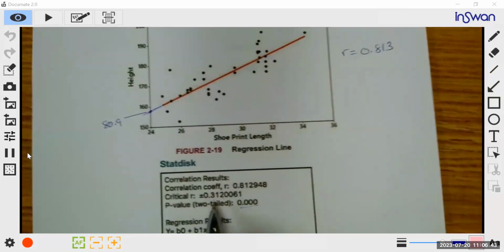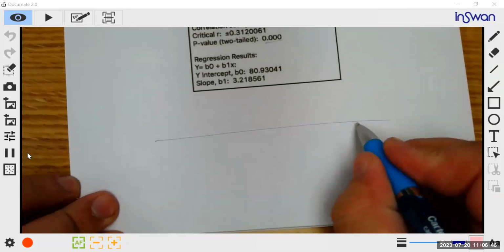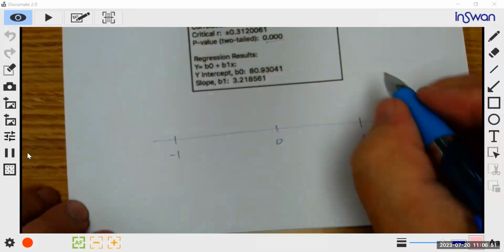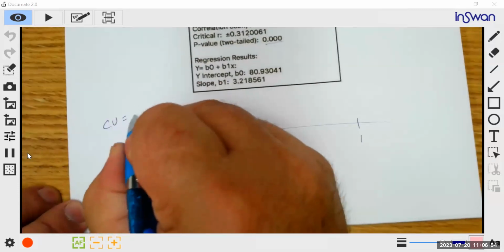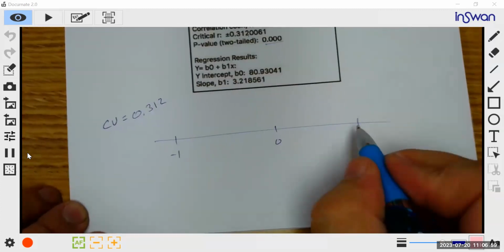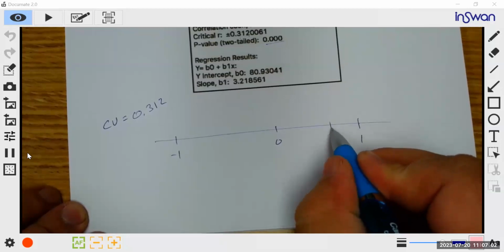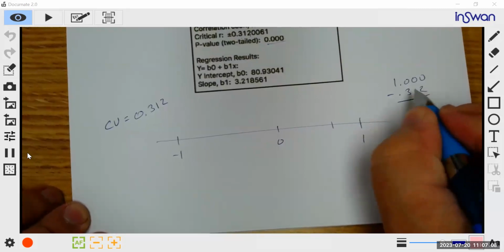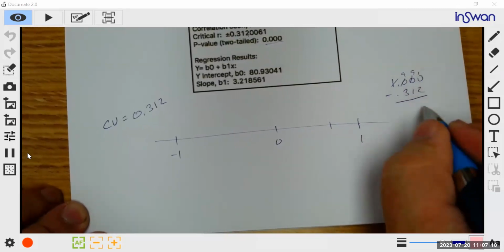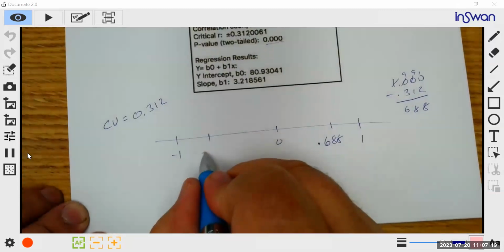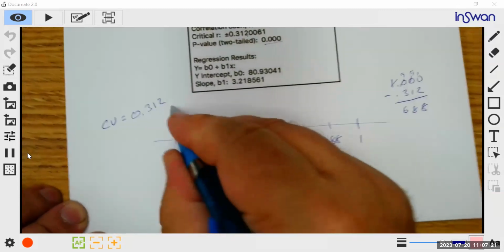How does that relate? Remember, our values have to be between 1 and -1, and there's 0. So if our critical value was 0.312, that means if I take 1 minus 0.312, we get 0.688. So this is 0.688 and negative 0.688. Those are my critical values.